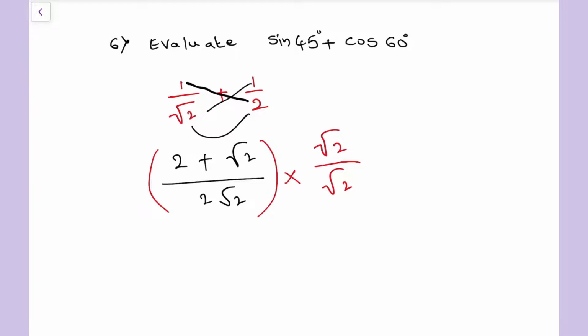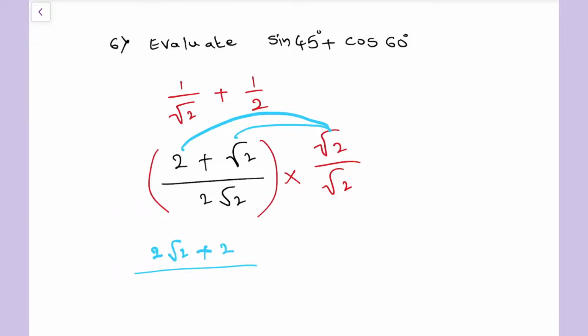Let us check what will happen then. 2 times root 2, 2 root 2, plus root 2 into root 2, divided by the denominator 2 as it is, root 2 into root 2 again. So we get the answer finally as 2 root 2 plus 2, divided by 2 2s are 4.